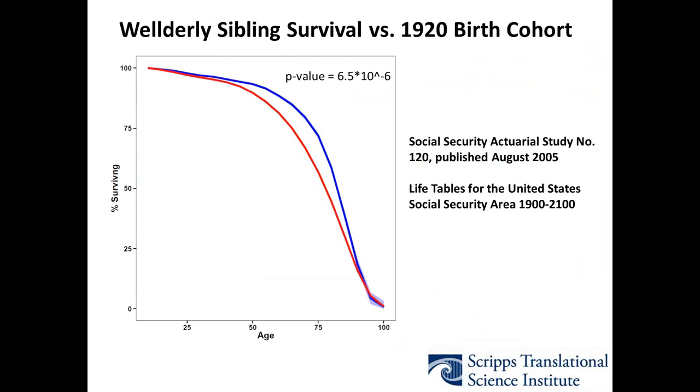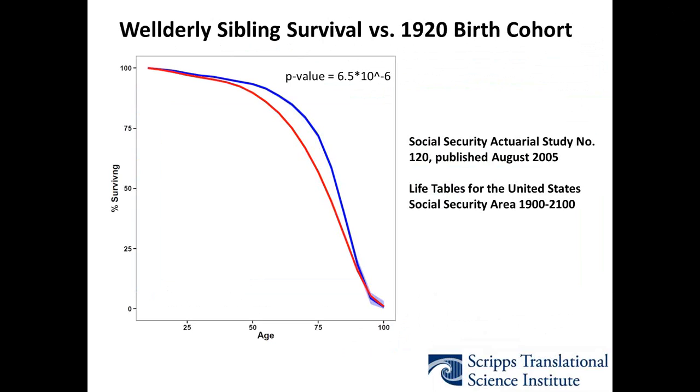A couple things to note: one, I started the survival analysis at about 5 years of age. We're not sure if we have accurate infant mortality for this cohort, and if you started from 0 years of age, there's a big drop in the 1920s birth cohort from infant mortality that we didn't see in the Wellderly siblings.